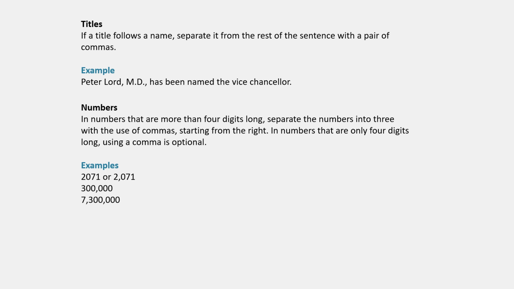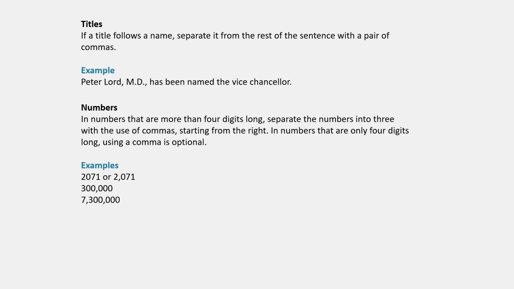And with numbers, in numbers that are more than 4 digits long, separate the numbers into 3 with the use of commas starting from the right. In numbers that are only 4 digits long, using a comma is optional. So if you are writing a 4 digit number, putting a comma is optional, but it isn't optional when the digits exceed 4.